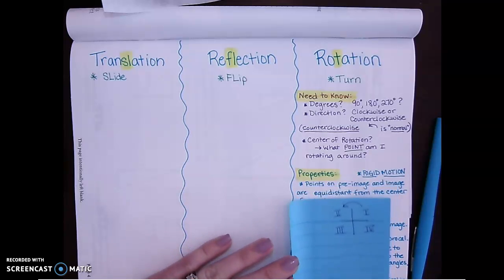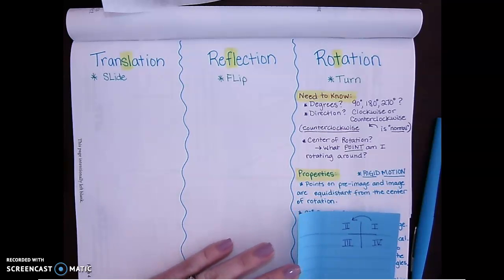Okay, so one of the things that we've noticed, and maybe we haven't pointed it out yet, is that anytime we connect those points on the pre-image and the image, they are going to be equidistant from the center of rotation. Okay, so think about the reflections.